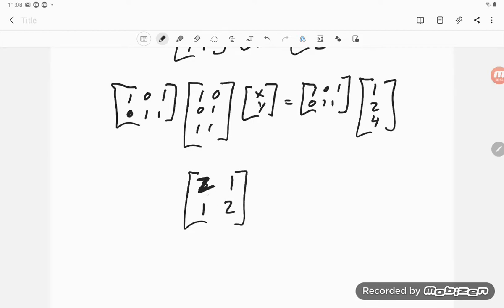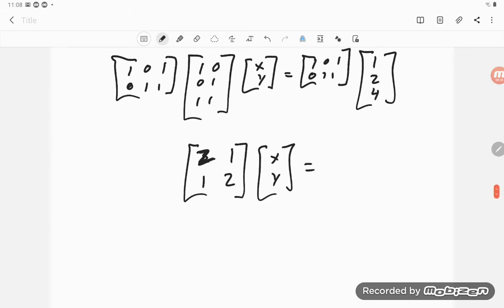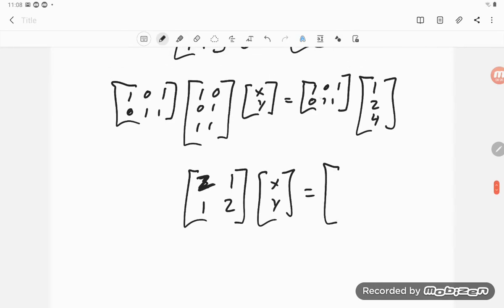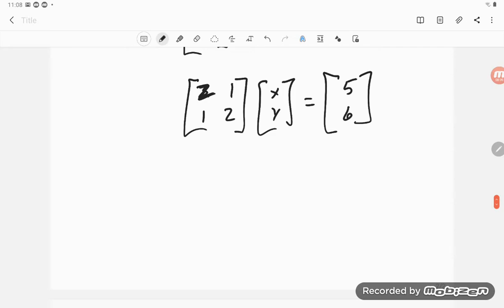Now I wasn't assuming that I get both 2's down the diagonal, but if you look at this generally, it is symmetric. And then on this side, 1, 0, 1 times this thing, I get 5, and 0, 1, 1, I get 6. And so that's what I want to solve.